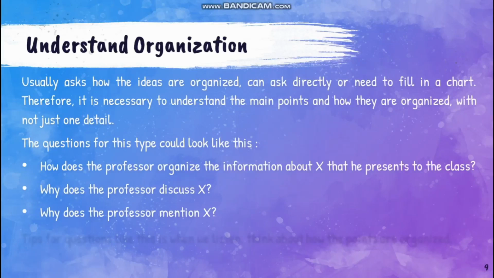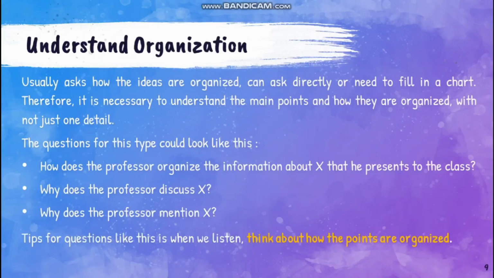The questions for this type could look like this: How does the professor organize the information about eggs that he presents to the class? Why does the professor discuss eggs? Why does the professor mention eggs? And the tip for a question like this: when you listen, think about how the points are organized.